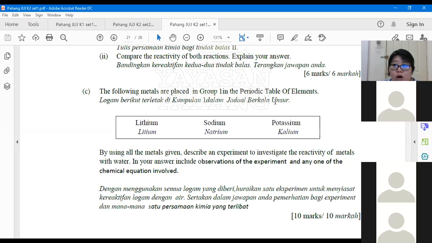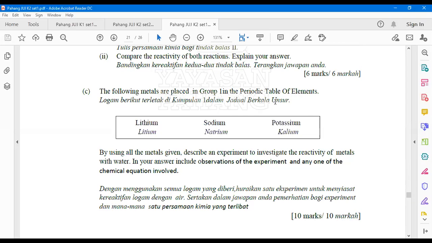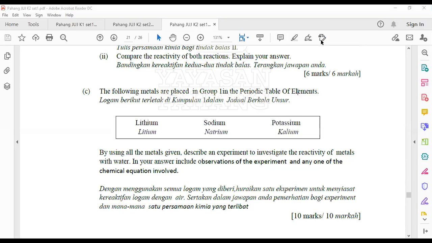So now for your observation, what are you going to write? All of them actually will move slowly on the surface of the water. And we know that in group 1, the lithium is at the highest location: lithium, sodium, potassium.